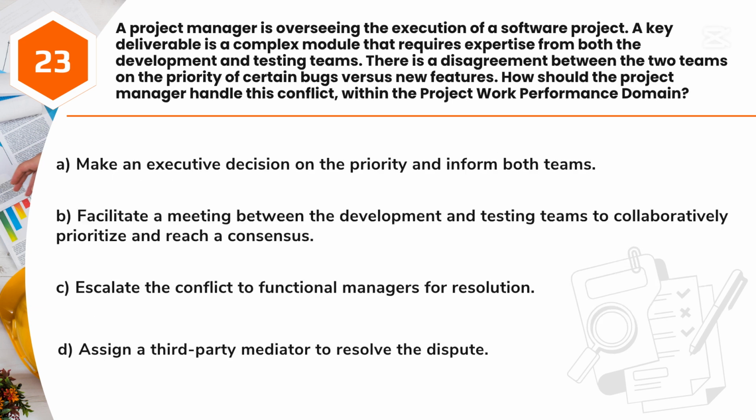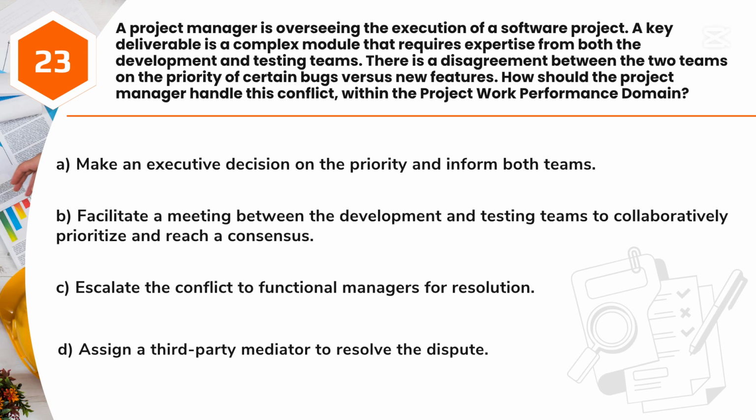Question 23. A project manager is overseeing the execution of a software project. A key deliverable is a complex module that requires expertise from both the development and testing teams. There is a disagreement between the two teams on the priority of certain bugs versus new features. How should the project manager handle this conflict within the project work performance domain?